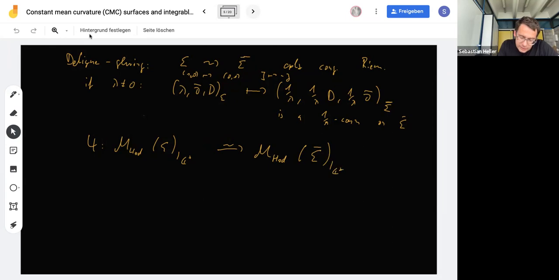And this covers the map lambda to 1 over lambda if we look at these projections to C, just by our definition.